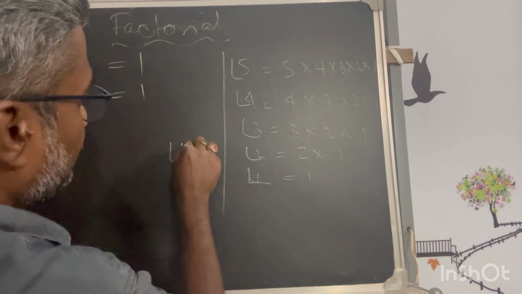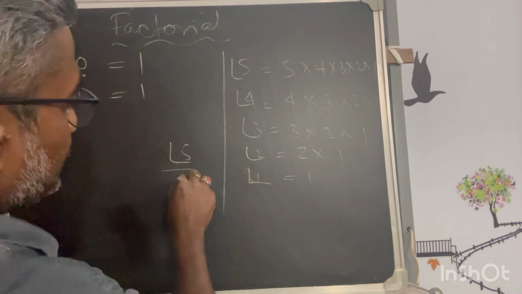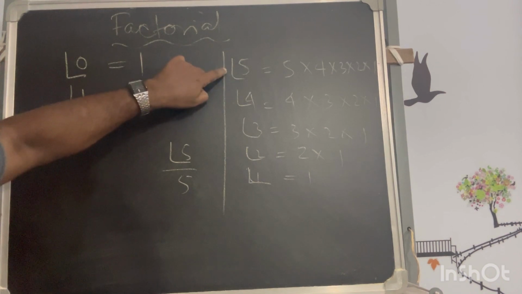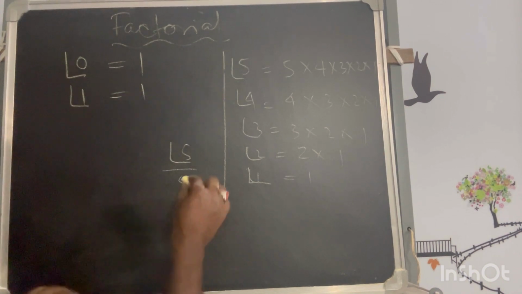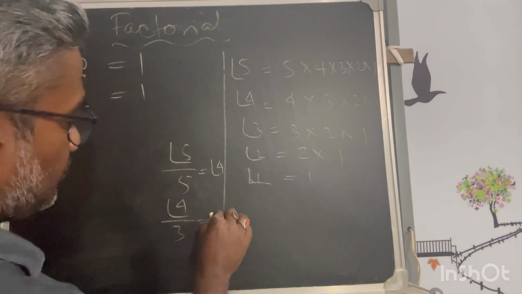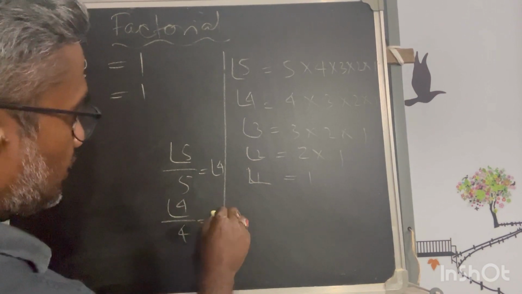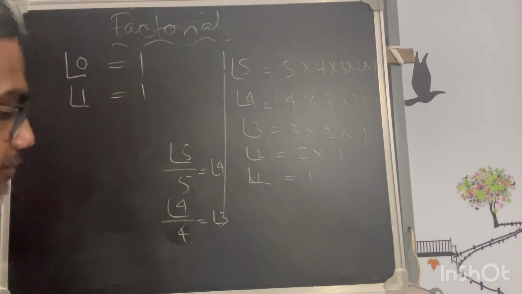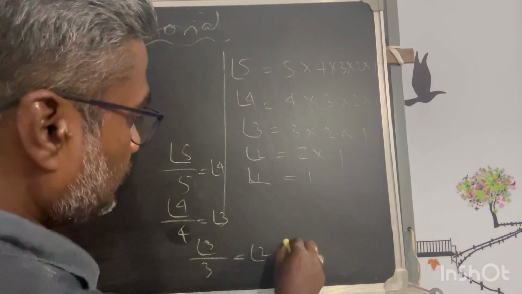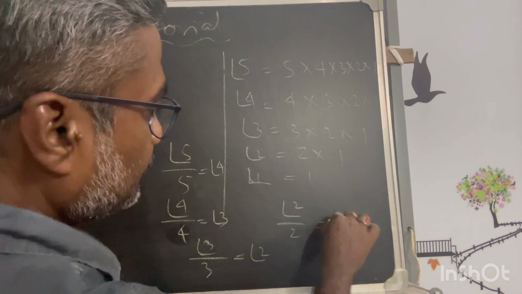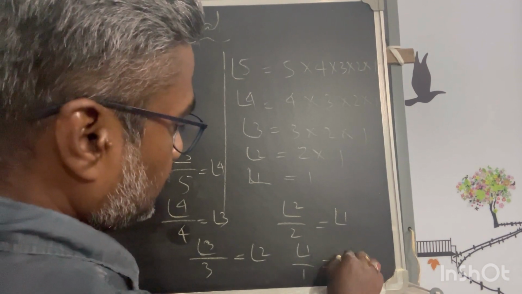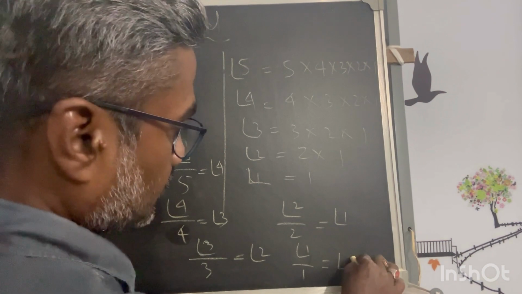If I divide factorial 5 by 5, I will get factorial 4. Factorial 4 divided by 4 will give you factorial 3. Factorial 3 divided by 3 will give you factorial 2. Factorial 2 divided by 2 will give you factorial 1. So factorial 1 divided by 1 will give you factorial 0.